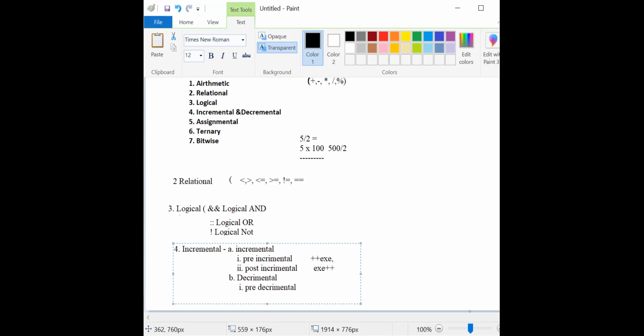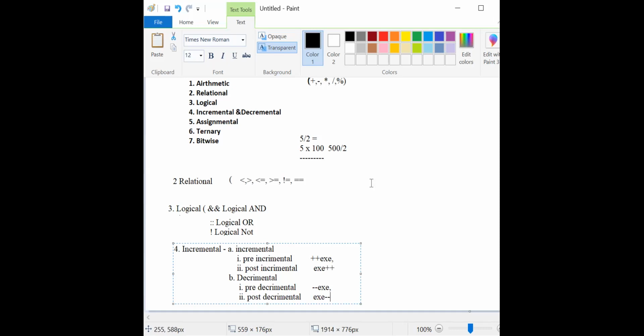Minus minus, for example minus minus a. And the second one is the post-decrement, for example a minus minus. So this is the decremental.